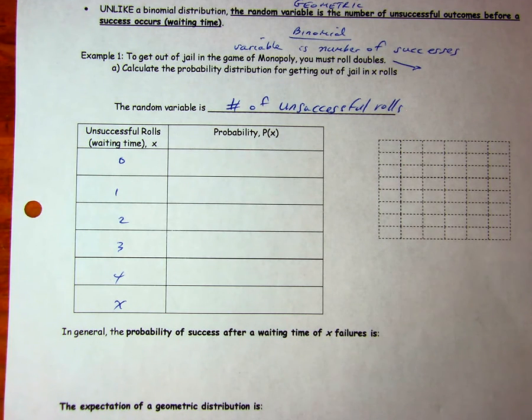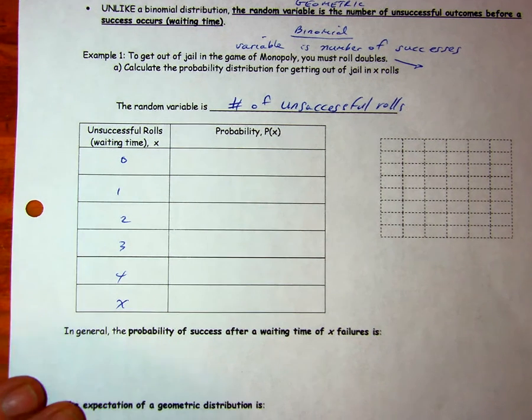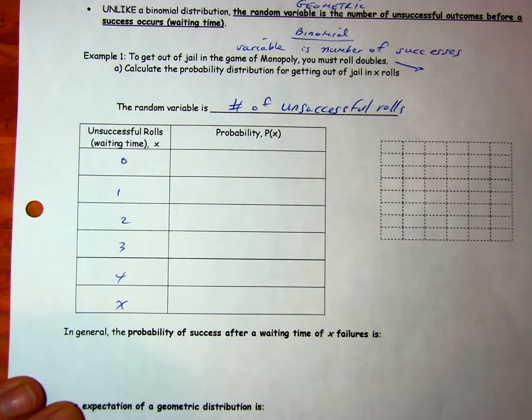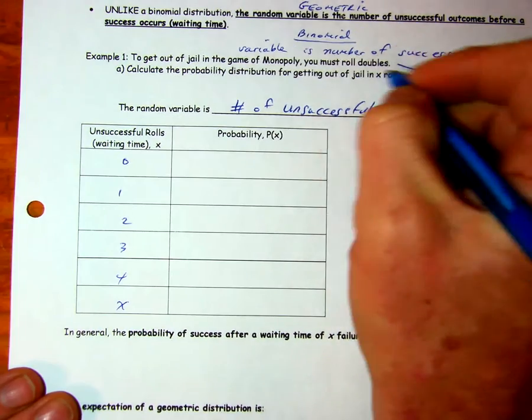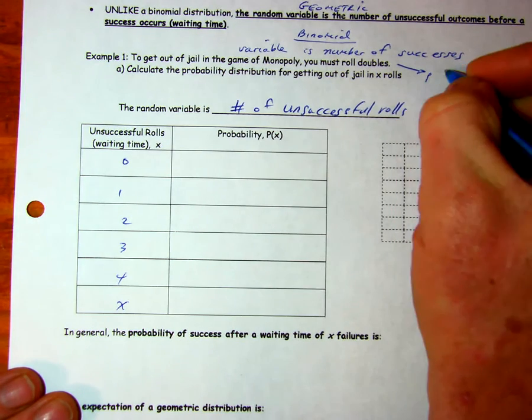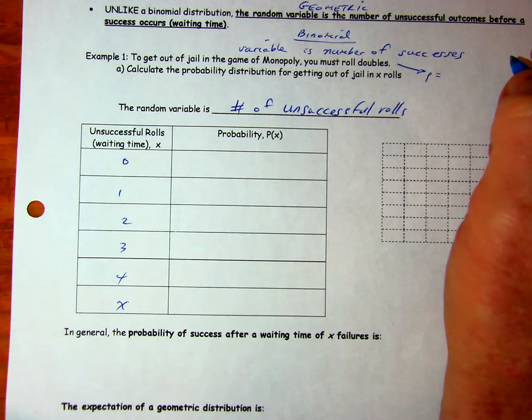All right. So, what's the probability of getting out in one roll, rolling a double in one roll? Remember, the probability of success is what?